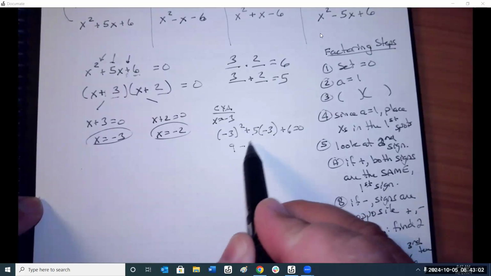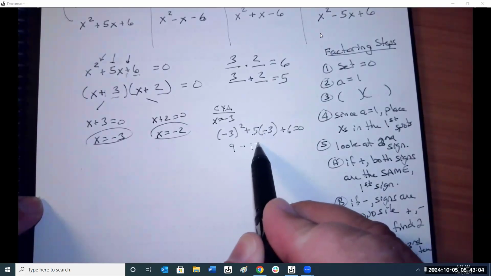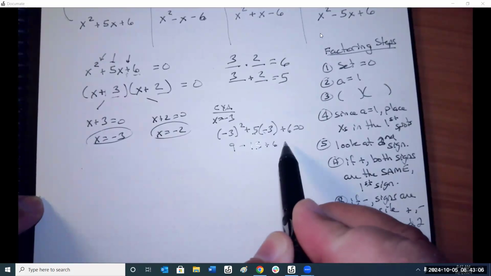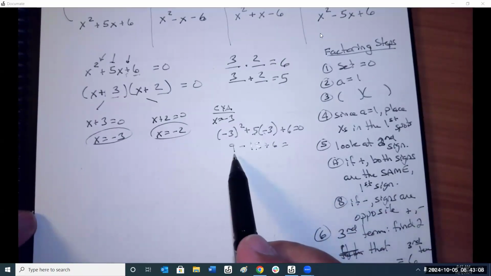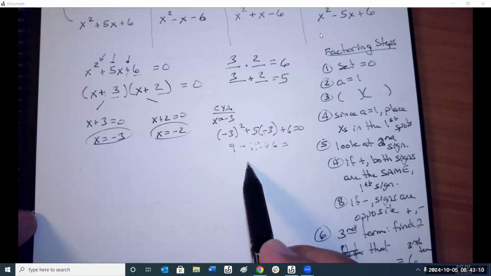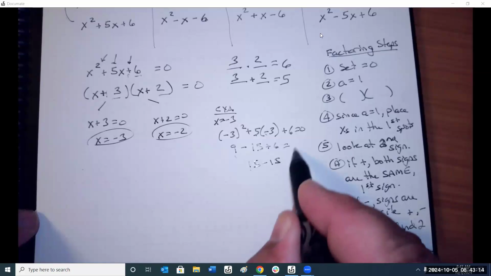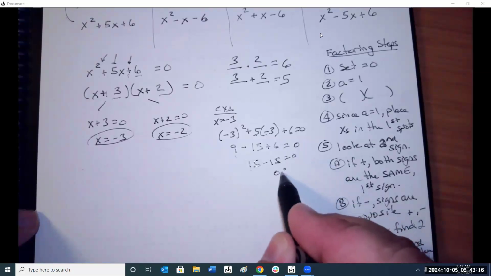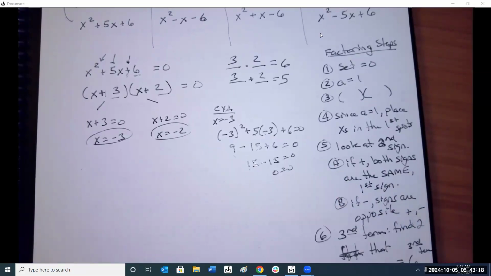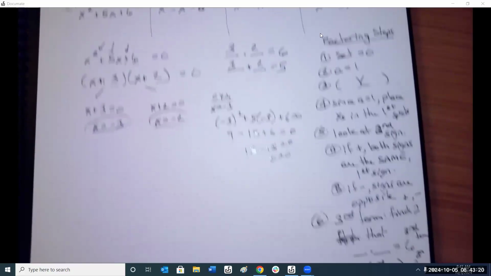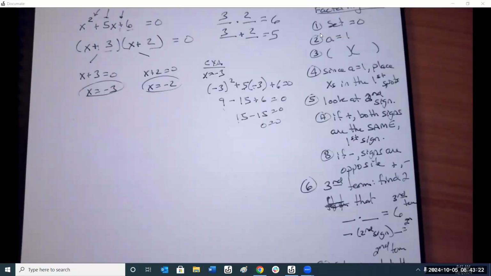Positive and negative is negative. 5 times 3 is 15. 9 plus 6 is 15. Minus 15 is 0. So check. And the same thing with -2. So when you check your answer, make sure you do both of them.